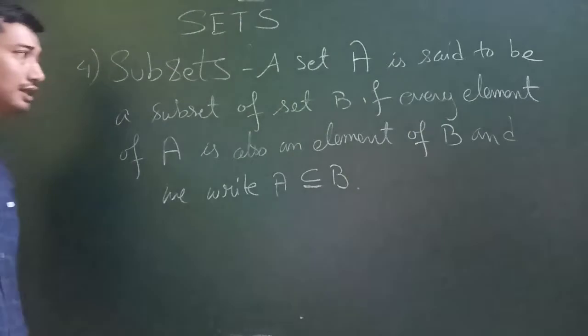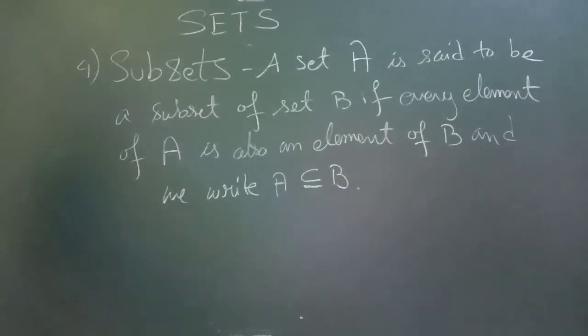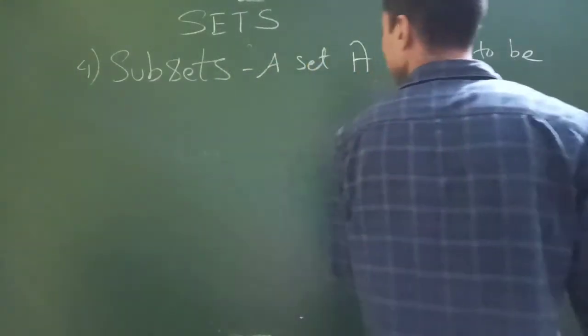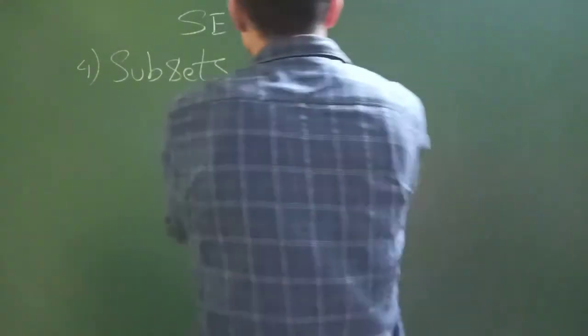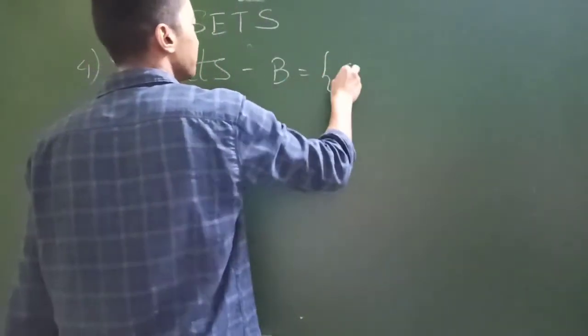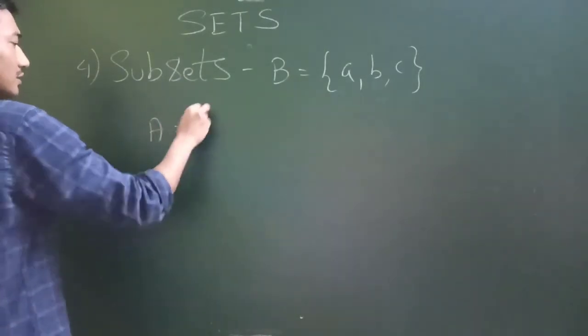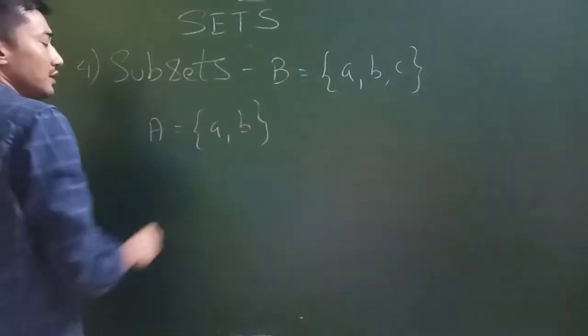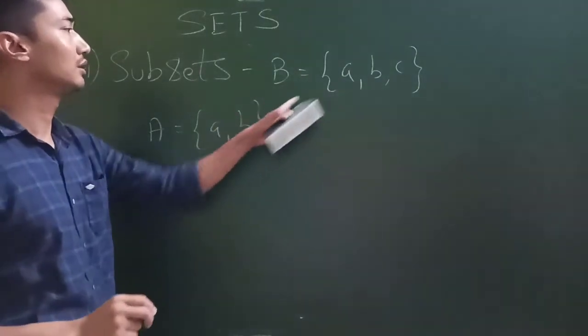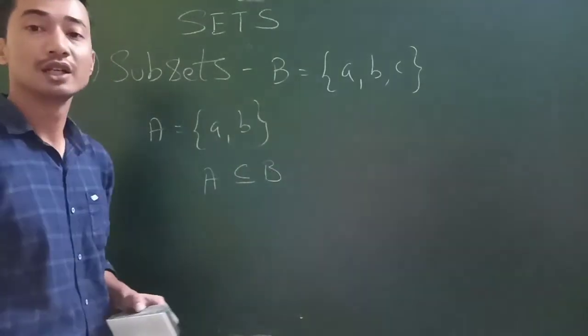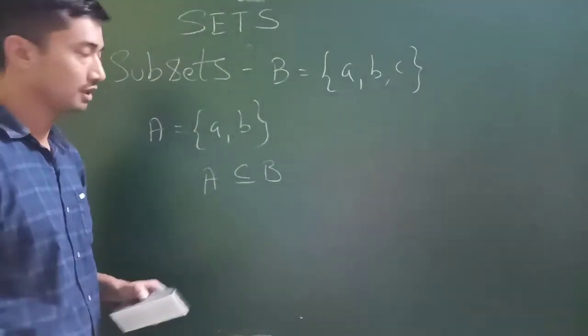So a set A is said to be a subset of the set B if every element of A is also an element of B. For example, one set B is given, and maybe a set A. You can see every element of A is already an element of B. So I can write A is a subset of B. That's what it means.